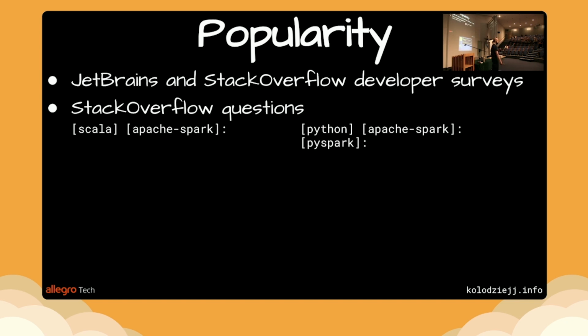I checked how many questions are asked on Stack Overflow for these tags, for Scala and Apache Spark, and the numbers look like this. I hope you can see it. It's not exactly 50-50, but for me, it's so close to it that it doesn't really matter. Both are very valid choices from the perspective of popularity. So it's not a differentiator for me.